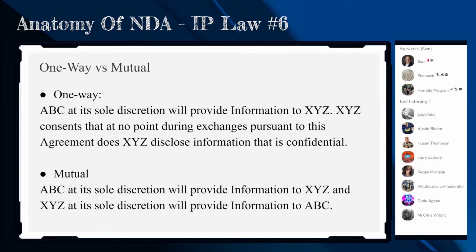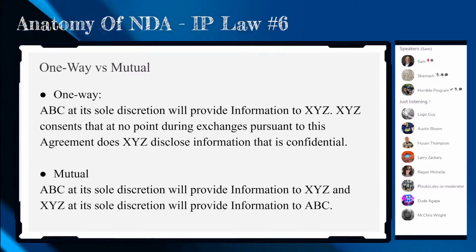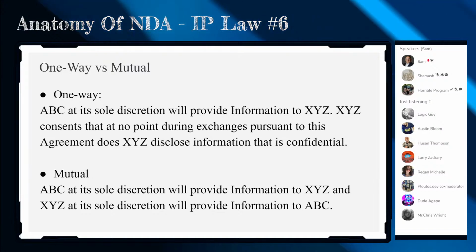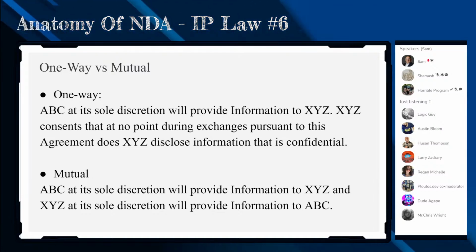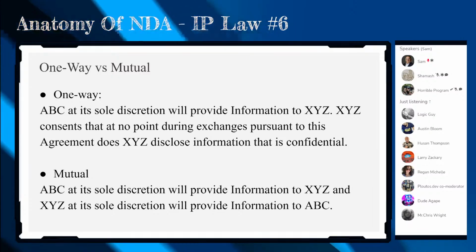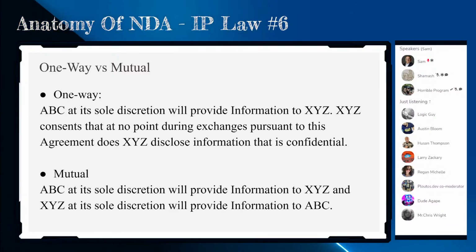ABC at its sole discretion will provide information to XYZ, and XYZ at its sole discretion will provide information to ABC. So your NDA will have one of these clauses, not both. If it has both clauses, then there's really good argument for invalidity of that agreement because it's not clear. So it will have either a one-way or mutual designation.